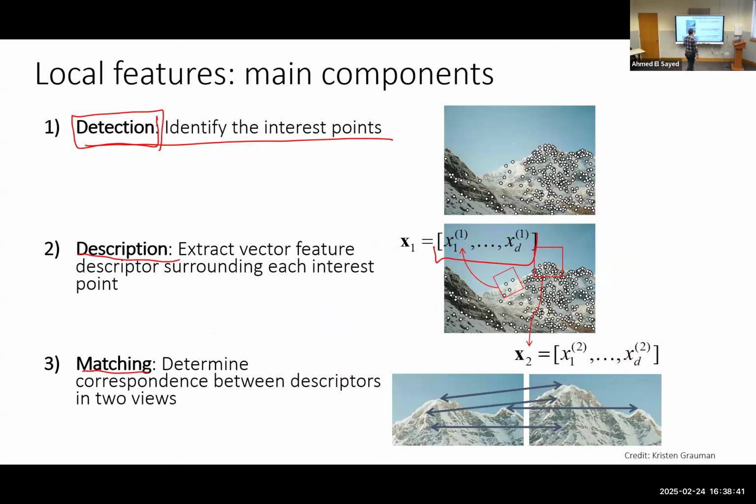The second step is to extract features around those points of interest. If the point of interest is a corner, I need to understand the area around it. The point itself is important just to know the surrounding area. I can't use the point by itself; I need the area around it. How can I describe this area?